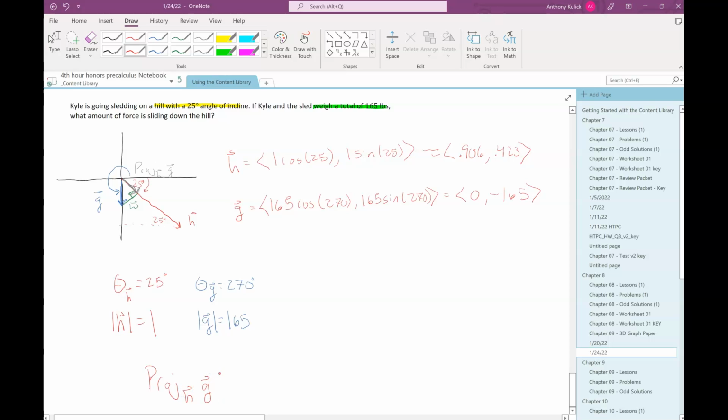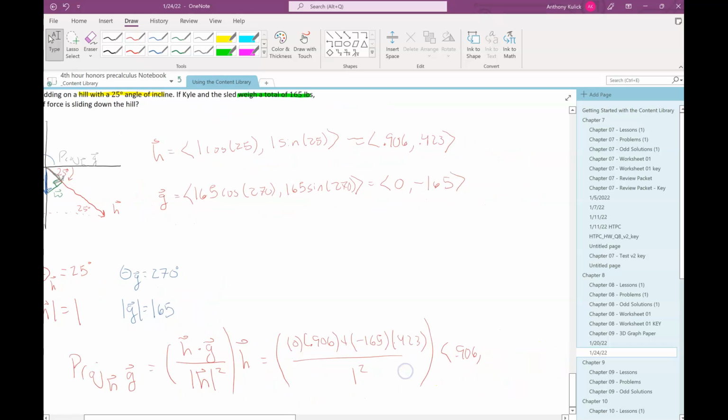So the projection of G onto H is going to be H dot G divided by the magnitude of H squared times H. So just plugging those parts in, I have this. Everybody okay with that?